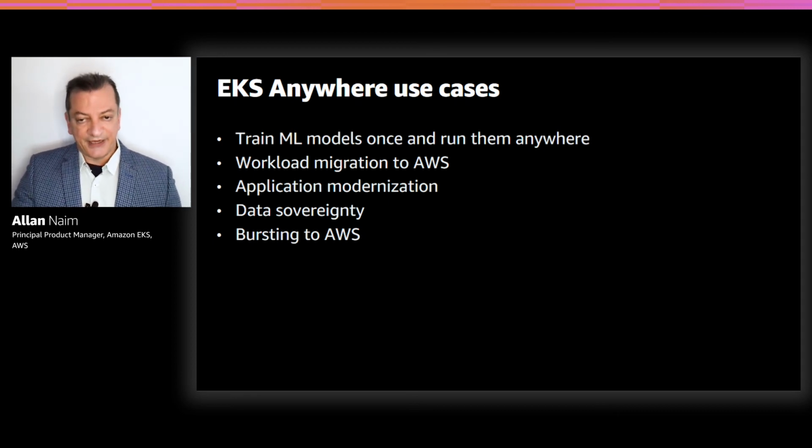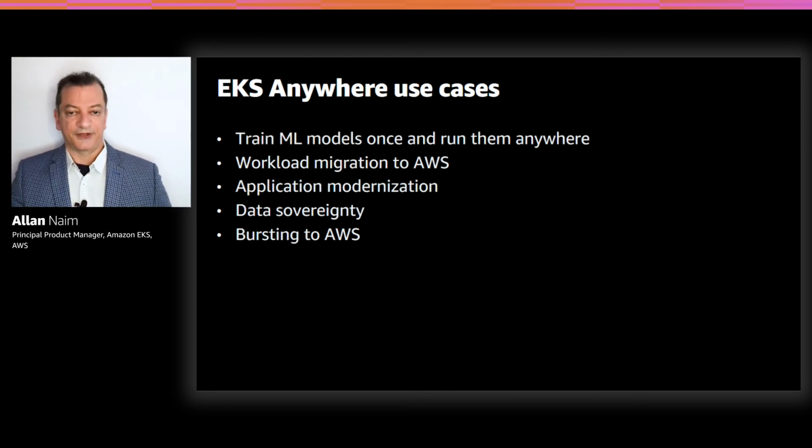With EKS Anywhere, you have operational consistency across Amazon EKS, which provides a quicker on-ramp of your Kubernetes-based workloads to AWS. Then we have modernization. EKS Anywhere empowers you to modernize your applications running on-premises and more easily transition to AWS.